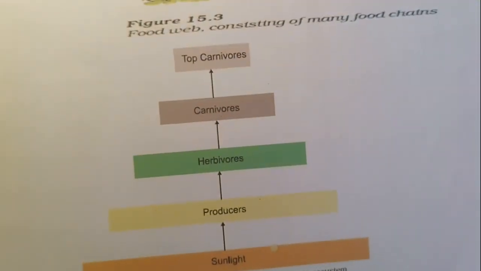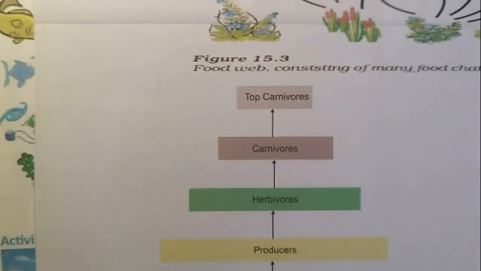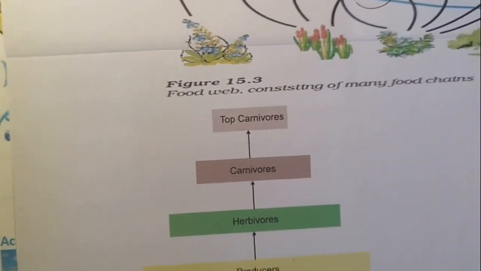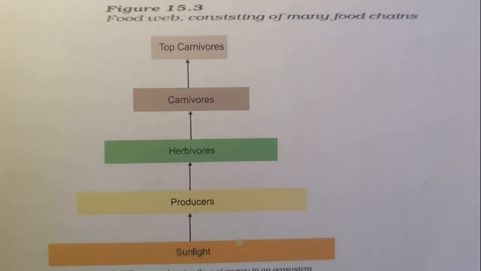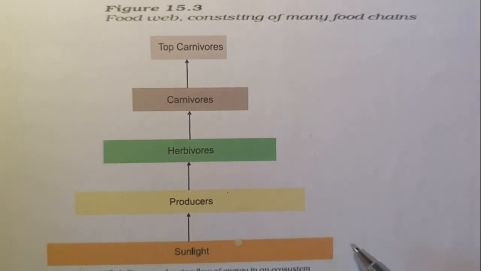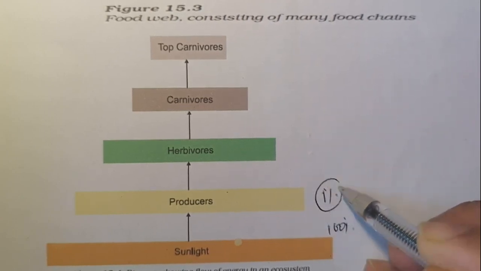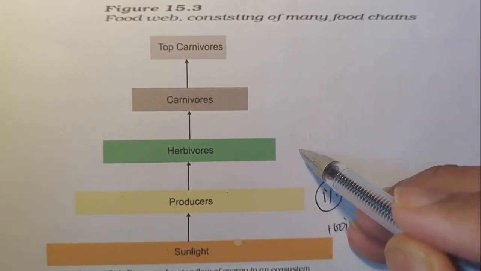This energy flow diagram shows in a simple manner how the energy flows. Sunlight sends 100% to the producers, which only use 1% of it, and then that's eaten by herbivores.